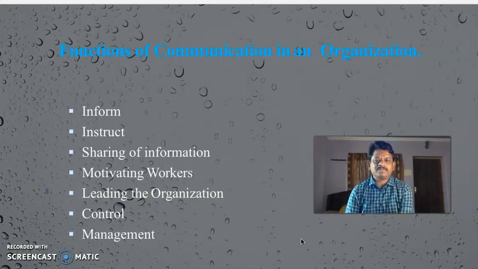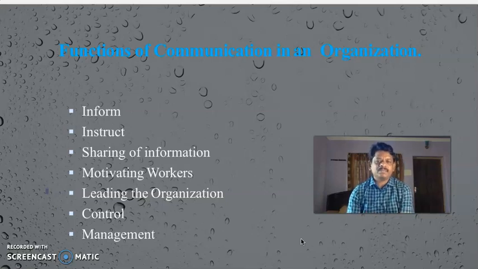There is also instructing others, informing and instructing at the workplace on something related to job and responsibilities or something else, and sharing of information. The information available in the organization is supposed to be shared among all the people of the organization, and it comes from the higher level management.